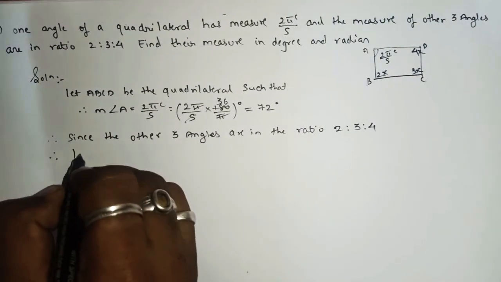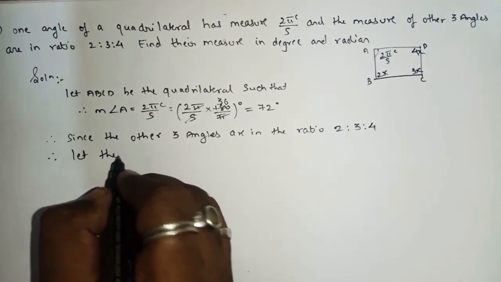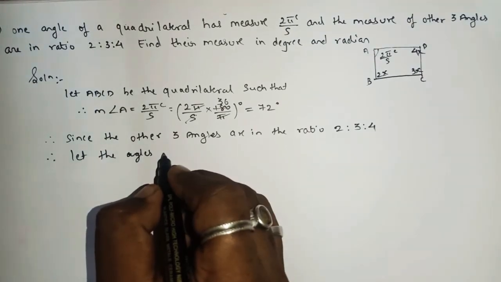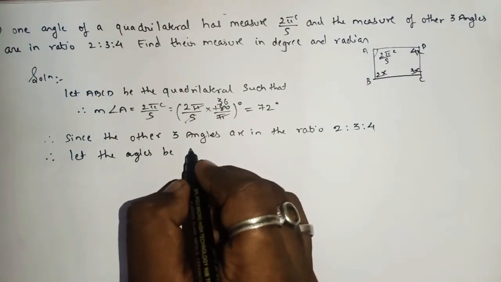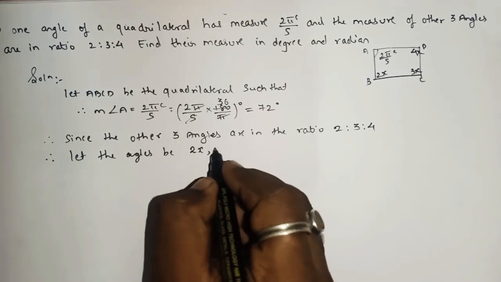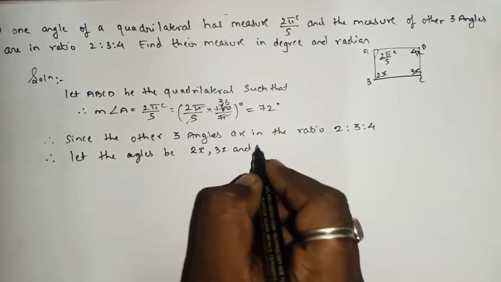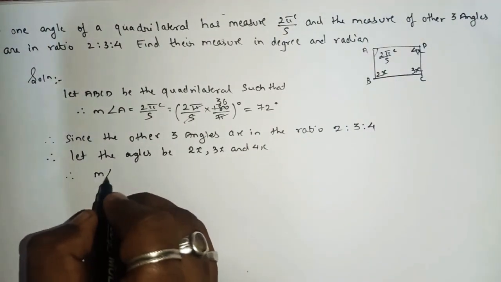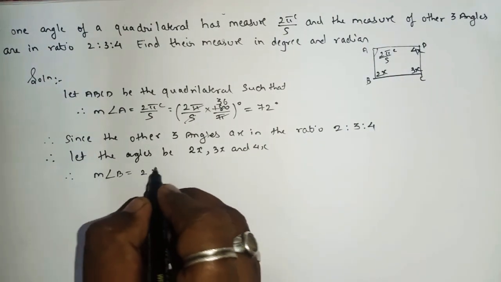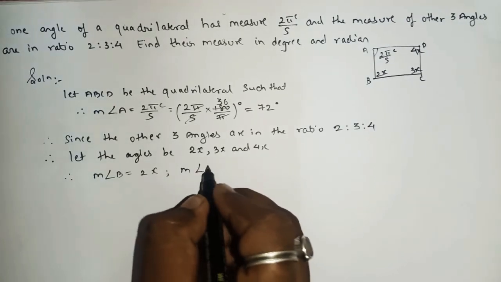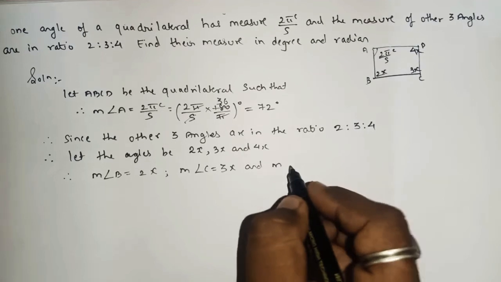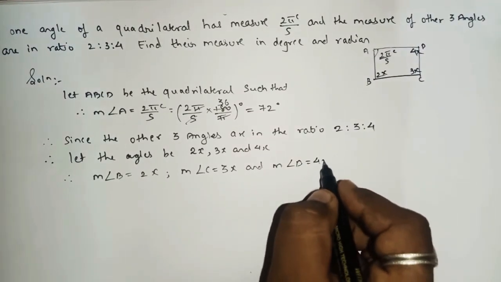So let the common multiple be x. So let the angles be 2x, 3x and 4x. So we'll take measure of angle B as 2x, measure of angle C as 3x and measure of angle D as 4x.